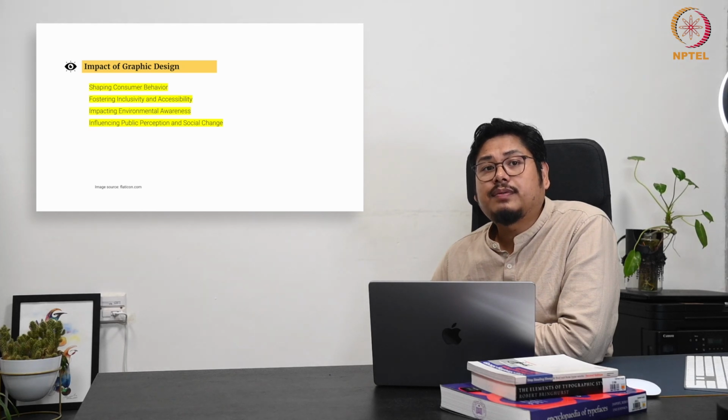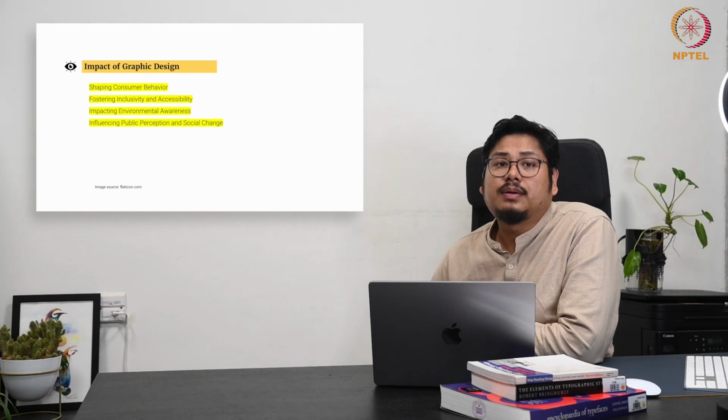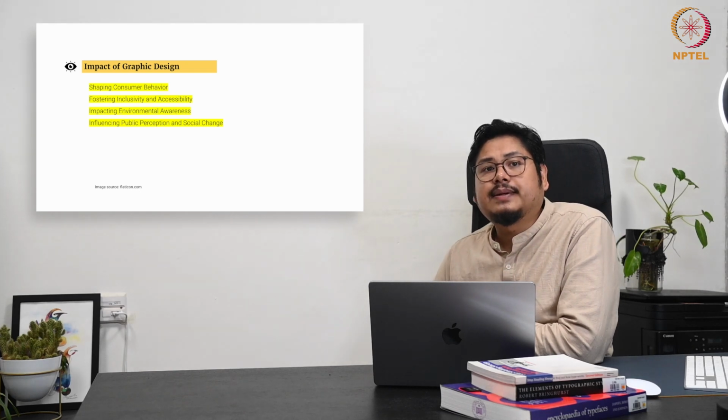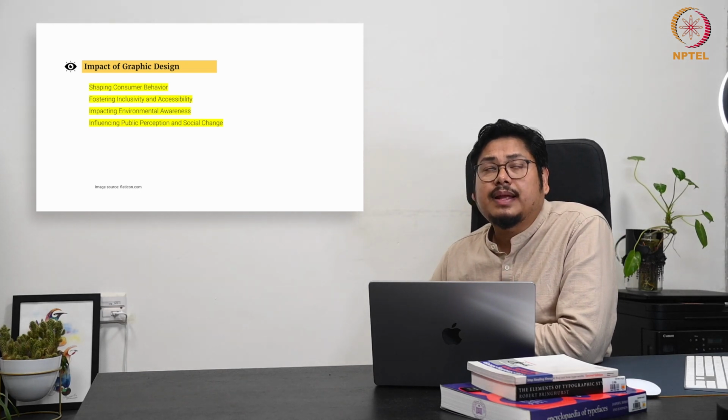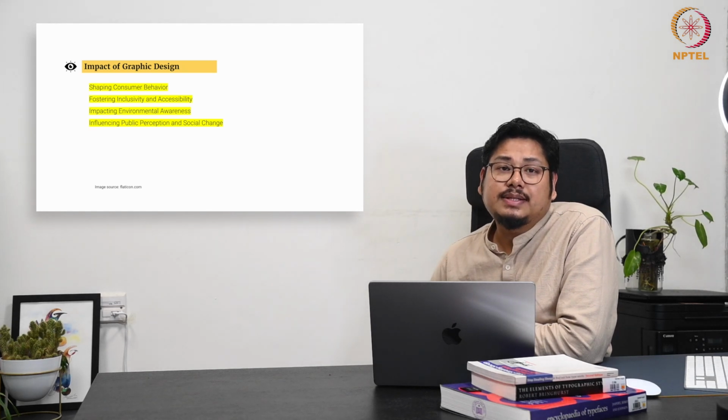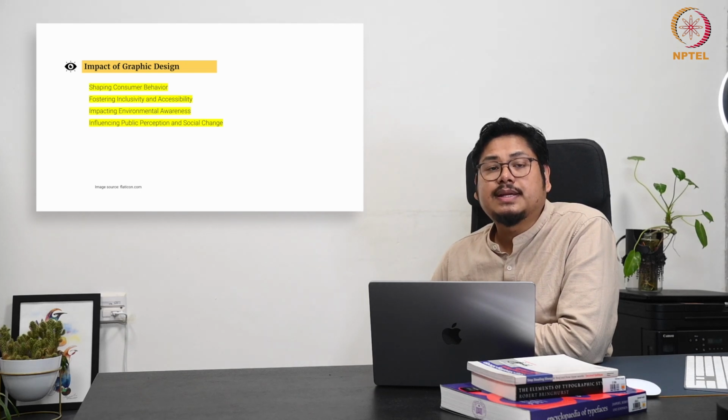For instance, powerful posters, social media graphics, or even branding for a social movement can really support. As you can see with Black Lives Matter, right, how the issue has been highlighted and voiced. On top of that, climate change activism has also been observed a lot nowadays.